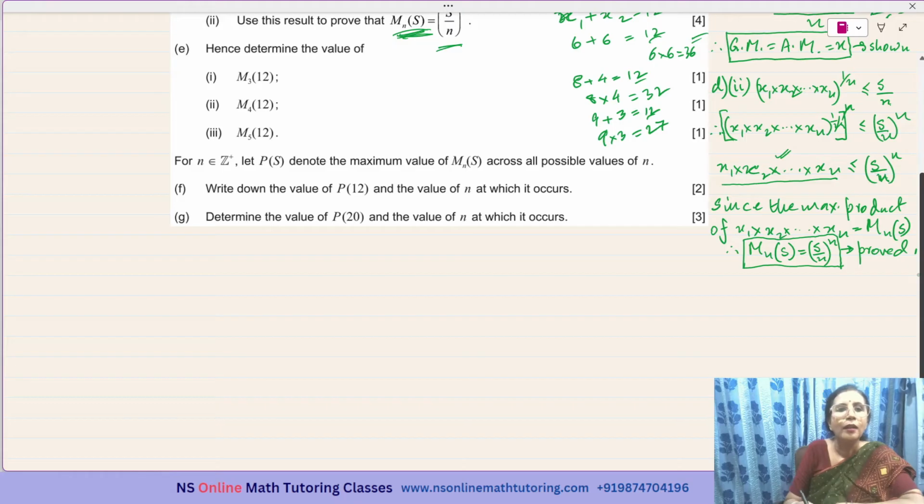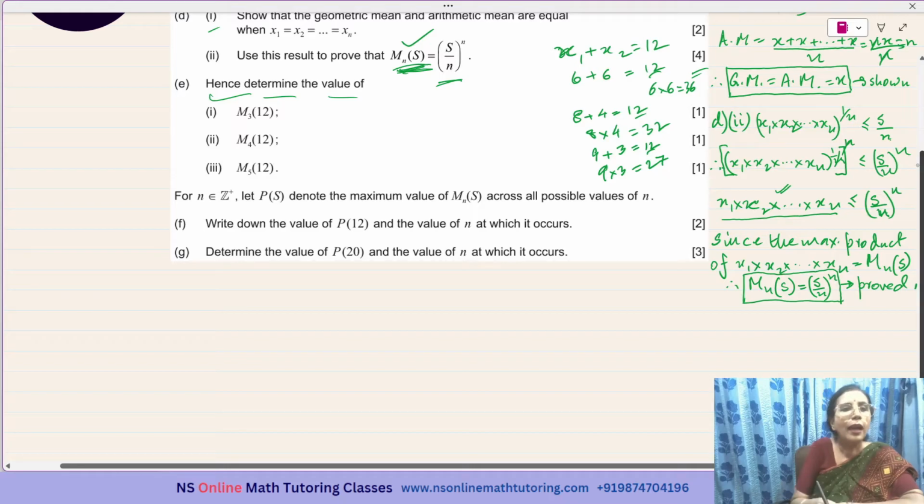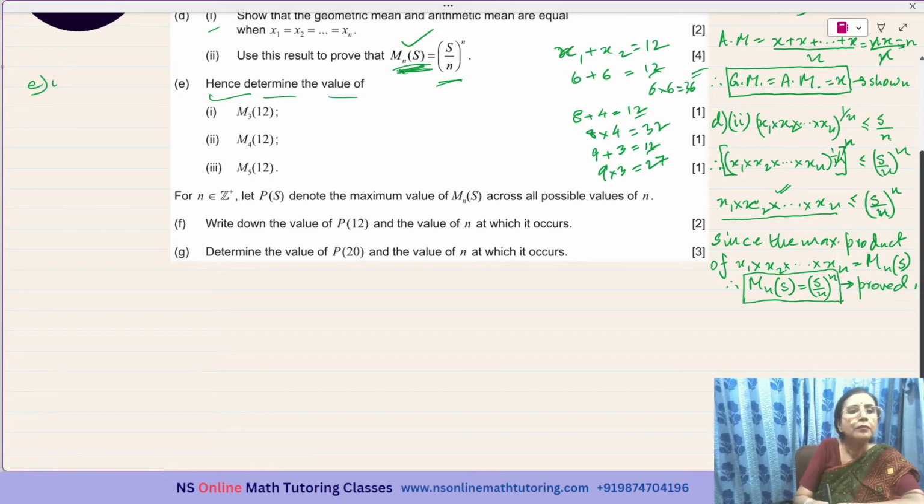Okay. Now, coming to subpart E. Hence, determine the value of M3 of 12. Okay. So, I can do this part over here. E, I, M3 of 12. So, s is equal to 12. Okay. Mn of s, this is M3 of 12.